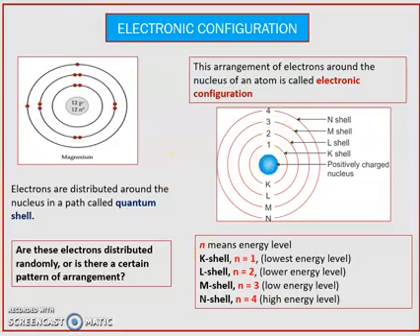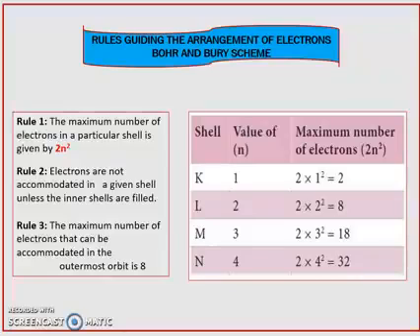So in arranging electrons around the nucleus, we follow a certain pattern. What is that pattern? There are rules guiding the way electrons are arranged, and this is called the Bohr-Bury scheme because it was proposed by Bohr and Bury, two scientists.